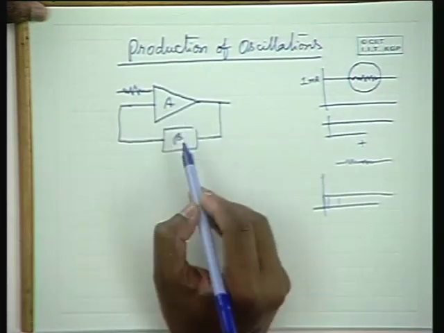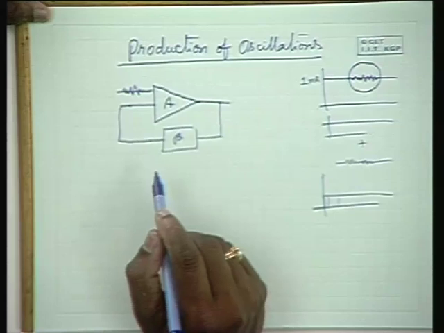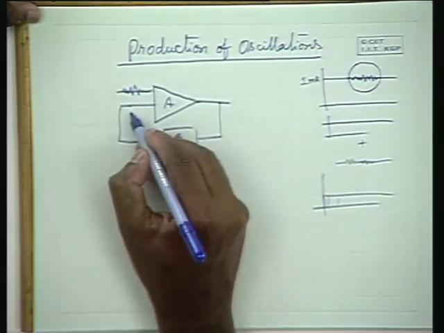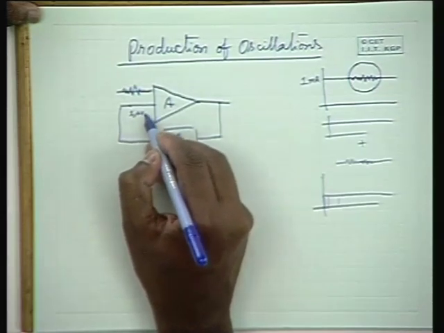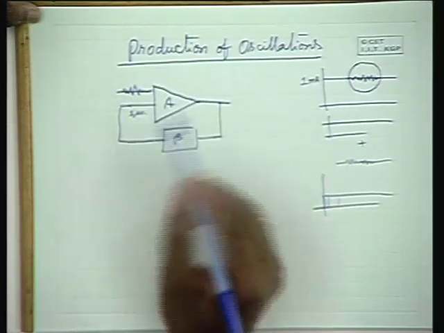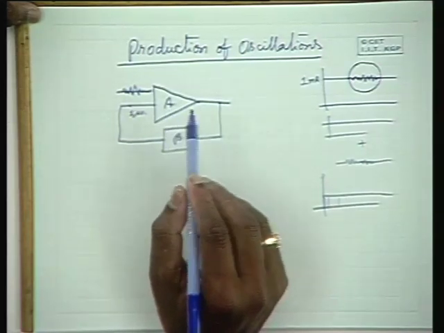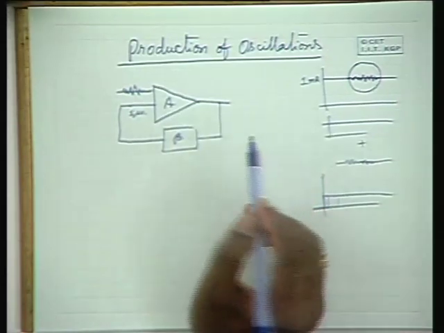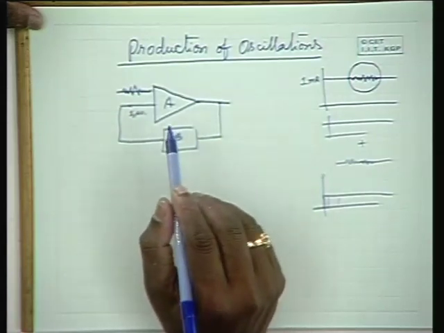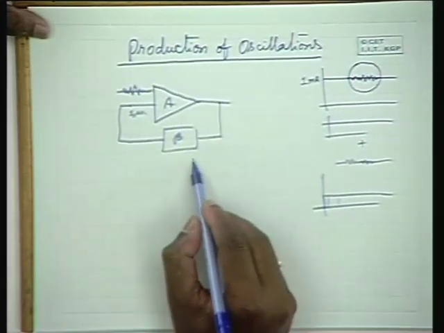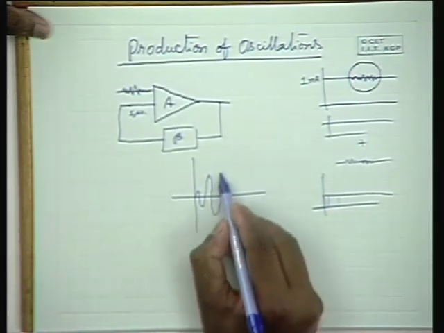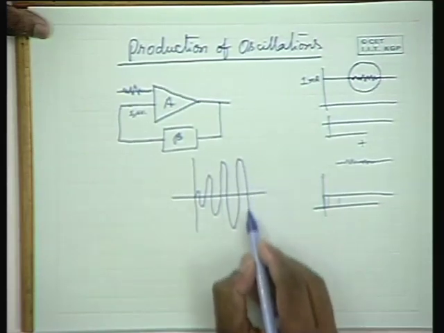Now, if A beta is slightly larger than 1, say A beta is 1.1, and the noise to start with is, say, 1 microvolt, then in the next instance it will be 1.1 microvolts, and in the second instance it will be 1.1 squared, then 1.1 cubed, and as a result the oscillations are initiated and go up geometrically.